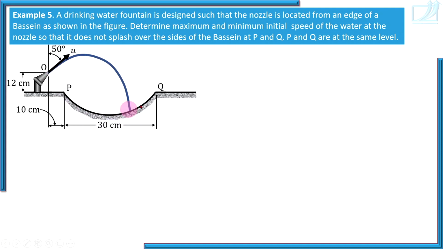We know that theta 0 is 40 degrees here. And here water should fall in the basin. But we are asked to find the maximum and minimum initial speed so that water falls in the basin. So what does that mean? You can easily visualize here.